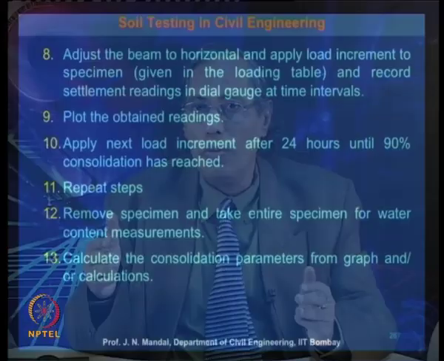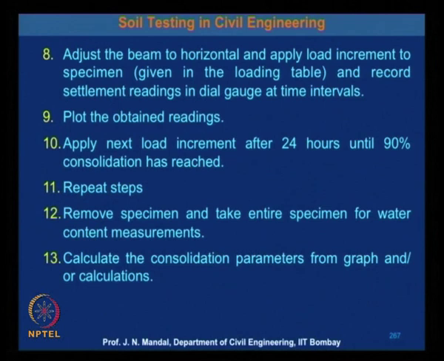Saturate the specimen and set the dial gauge after noting its least count, and apply initially the seating load, that is 10 kilonewton per meter square, to the hanger. Adjust the beam to horizontal and apply load increment to the specimen.